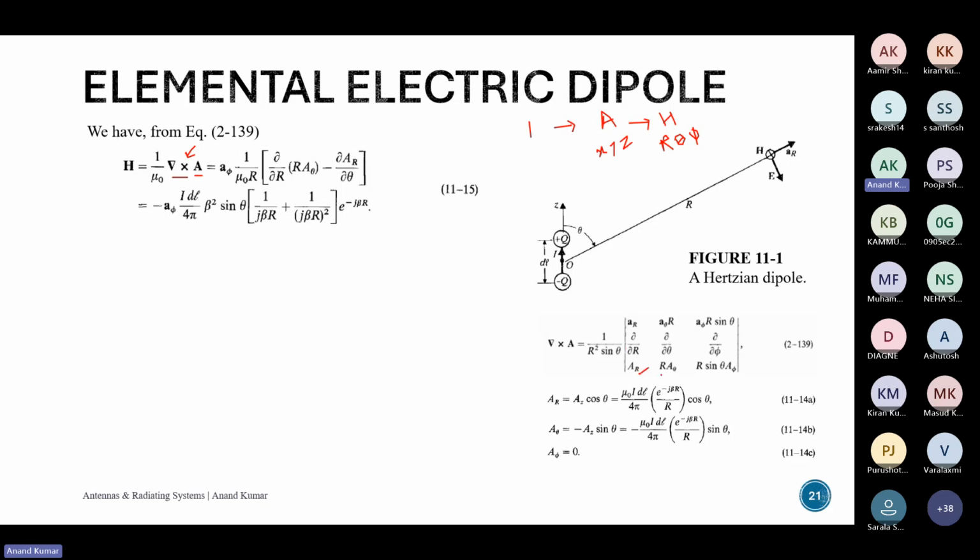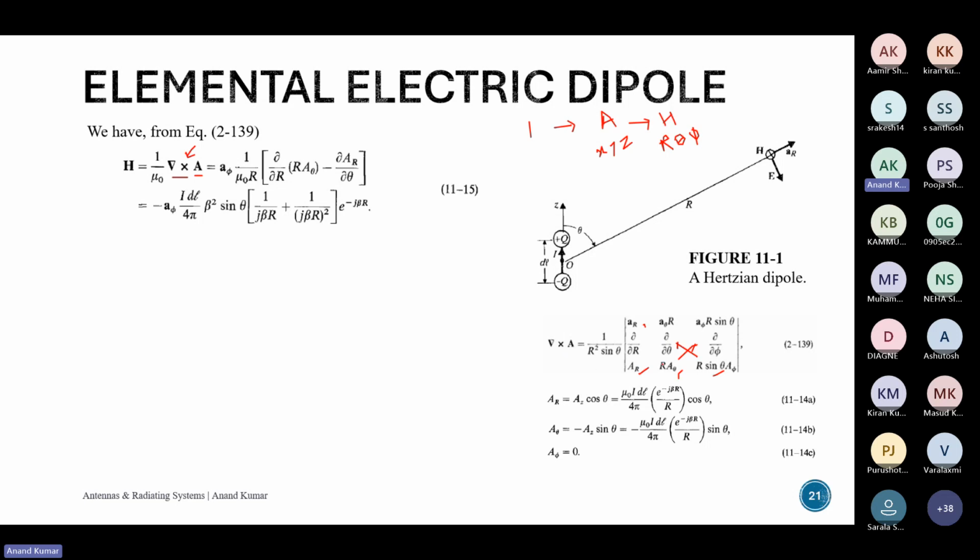You put the auxiliary potential values like this, and then, if I remember correctly, you do something like this and multiply with this term, as you would when taking a cross product.